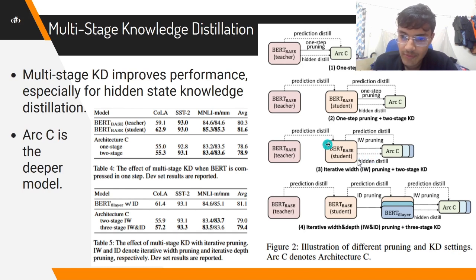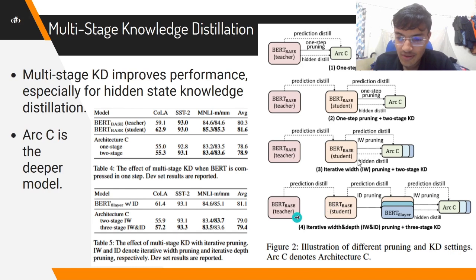What I mean by iteratively is that we do pruning for a few steps and then do knowledge distillation again, that is, forcing the model to give predictions like the teacher model. Then we do pruning and knowledge distillation again and again until we get a constant accuracy. So this is iterative width pruning. IW means we are doing pruning in the width direction, that is, reducing the width of the BERT-based model.